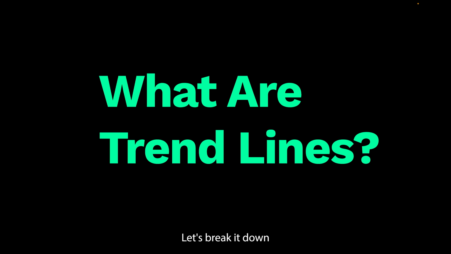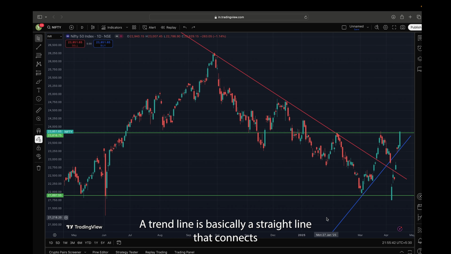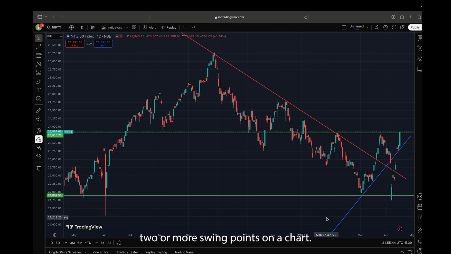Let's break down what trend lines are. For that, let me take you to TradingView where we can study the Nifty chart and we'll see how to draw trend lines. A trend line is basically a straight line that connects two or more swing points on a chart.